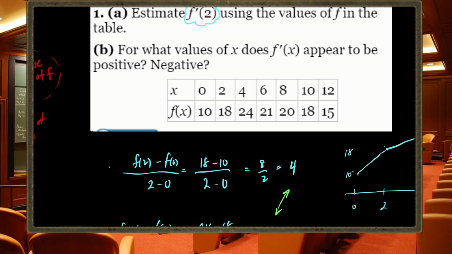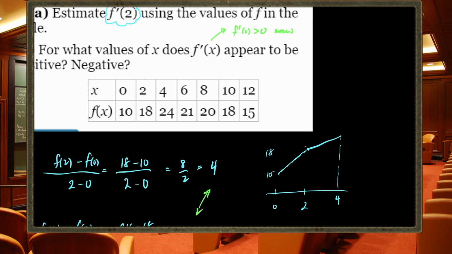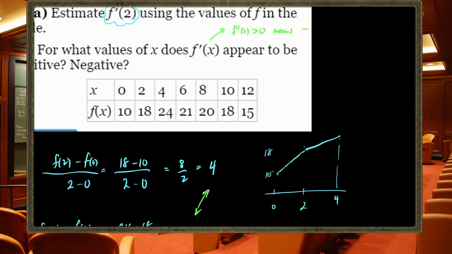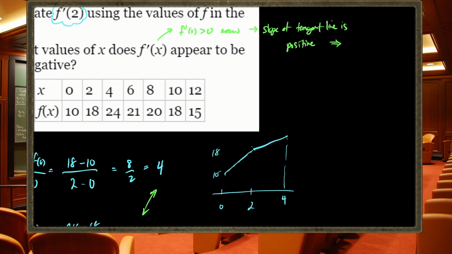It means, if f prime is positive, that means that the slope of the tangent line is positive, which means that f of x must be increasing.